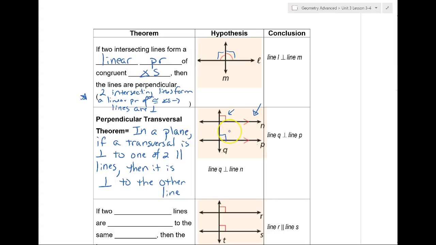So in this one, what we started with is the fact that we knew that Q and N are perpendicular as a natural result, and because we know how to do the math, the corresponding angles are both 90 degrees. We know the other one's automatically here.